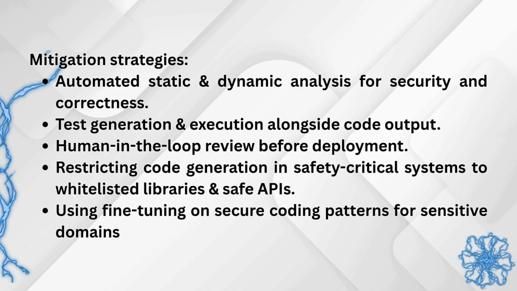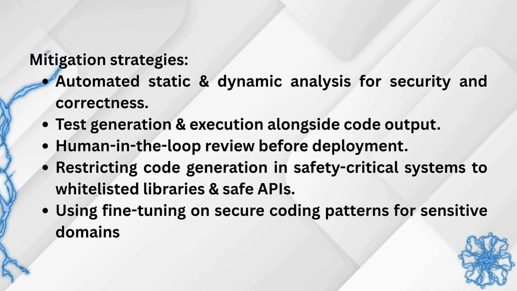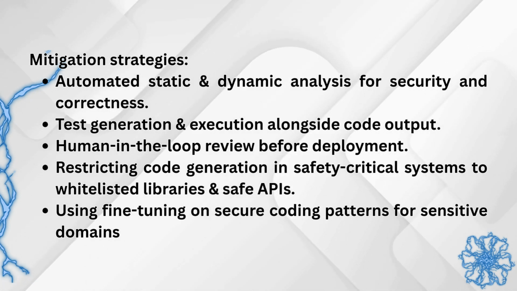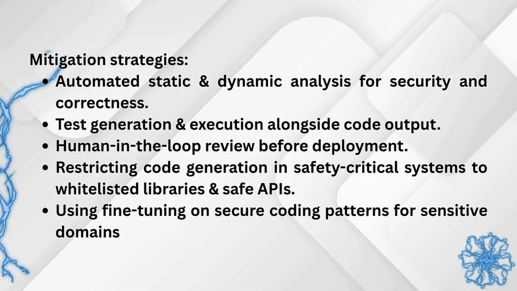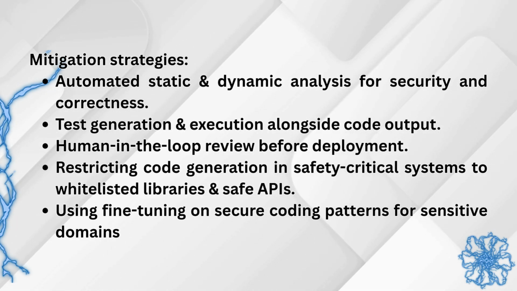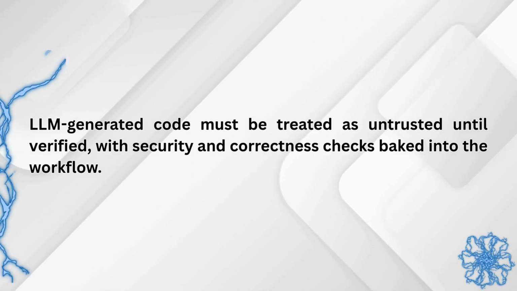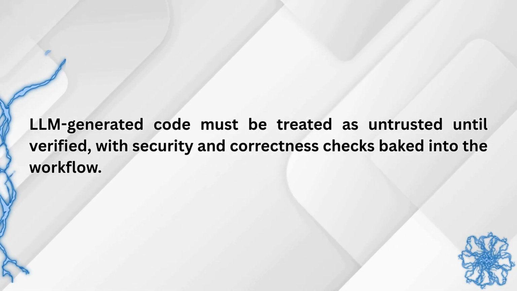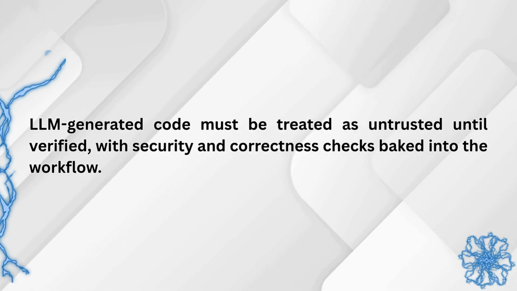Human-in-the-loop review before deployment, restricting code generation in safety-critical systems to whitelisted libraries and safe APIs. Using fine-tuning on secure coding patterns for sensitive domains. In short, LLM-generated code must be treated as untrusted until verified, with security and correctness checks baked into the workflow.